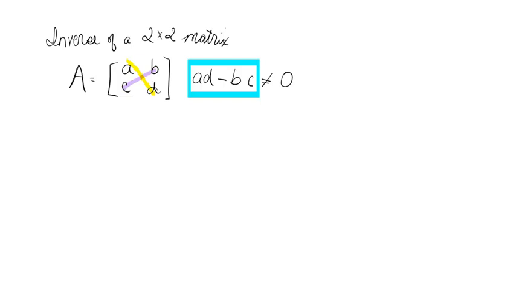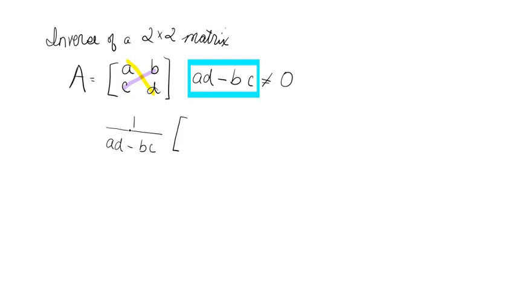Okay, so if AD minus BC does not equal 0, then the 2 by 2 matrix is invertible, and you can find its inverse by taking the determinant and putting it on the denominator of a fraction, 1 over AD minus BC, and then multiply.